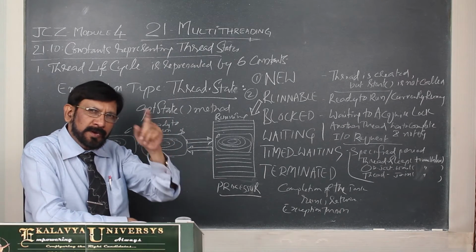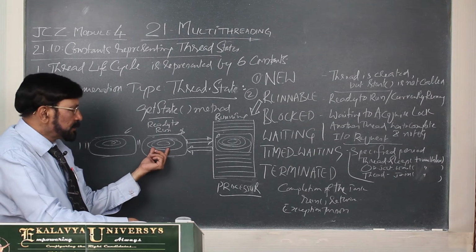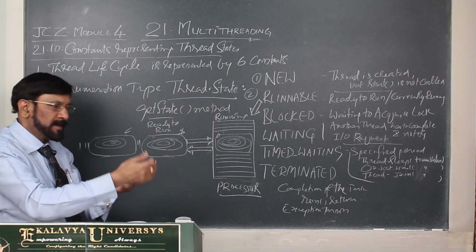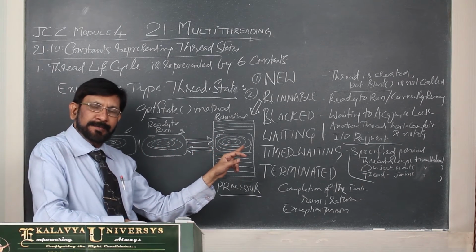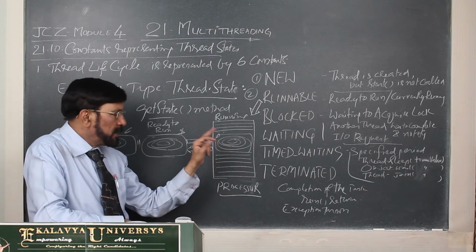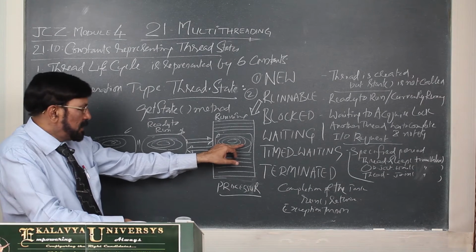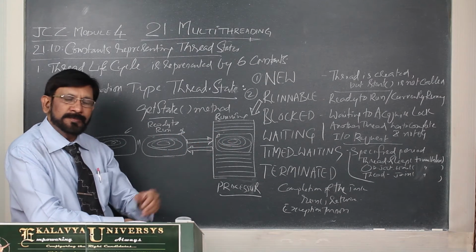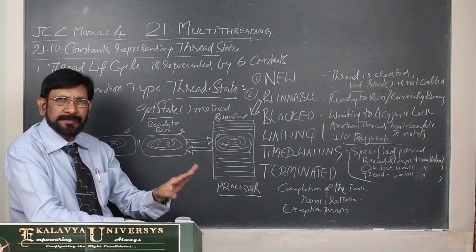That is called the running thread, and the others are ready to run. Whenever the thread scheduler allocates a time quantum to one of them, that is what we call dispatching the thread. Once it is dispatched, it gets the execution time. Then whatever is currently being run comes again into the queue, provided its job is not completed. If its job is completed, it is terminated.